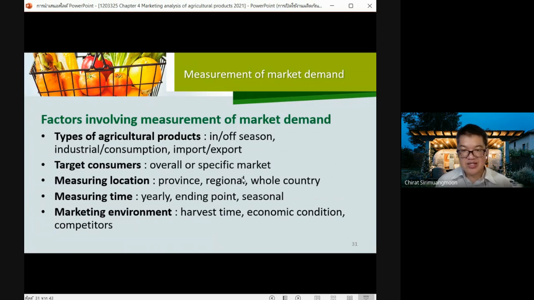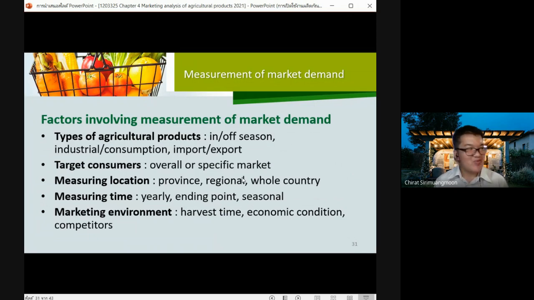Then measuring the location. Make sure that you understand the pattern of consumption in different areas, like different provinces in Thailand, for example. Do they have the same pattern or not? The same demands or not?